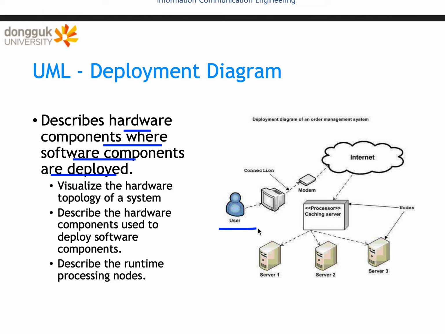So here is the user, here is the PC, a modem, a LAN card, something, the internet, there's a server, this is a proxy server, and there are three types of server, and this is a caching server, meaning this could be a web server, and this could be an application server. So this is the basic architecture of your system. So this deployment diagram describes the whole hardware component with the software component.